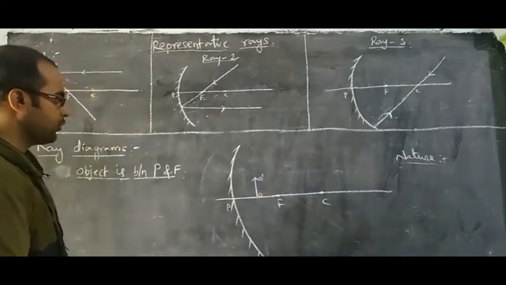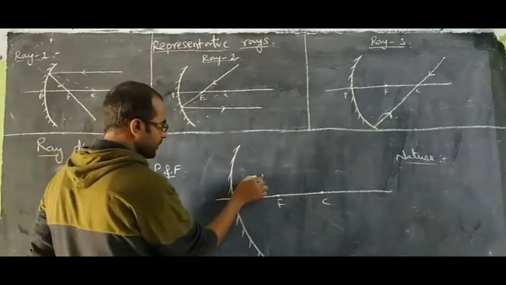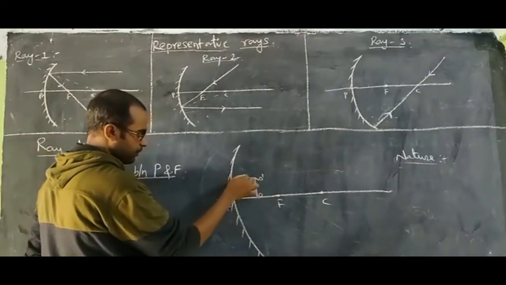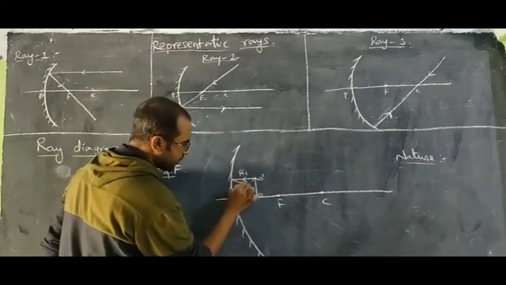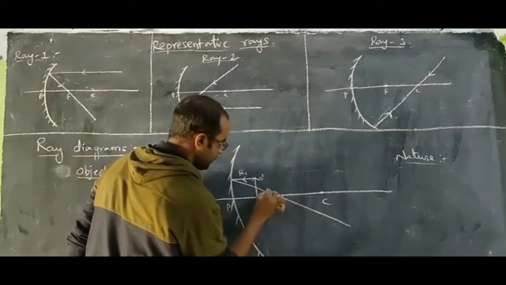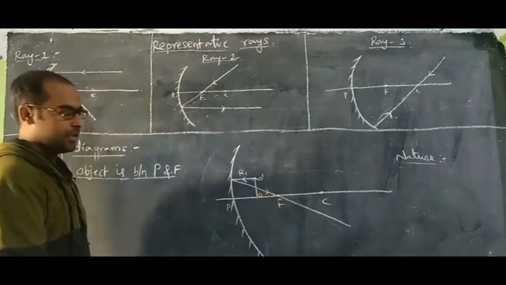Let us take the first ray. Ray 1. After reflection, it passes through the focus. There is no problem.